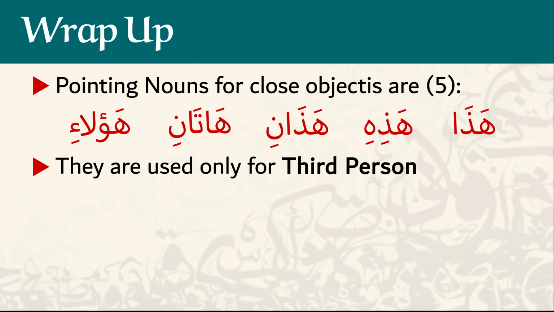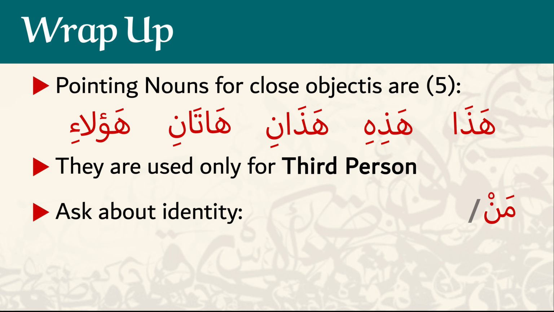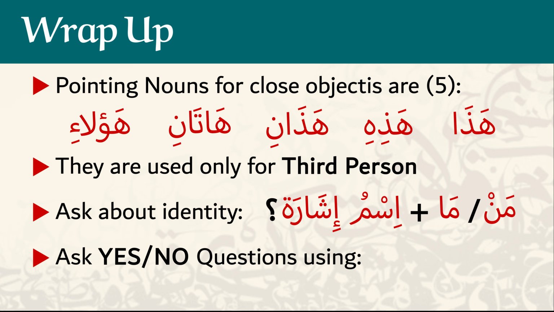We introduced 2 common applications using أسماء الإشارة to ask about identities using this combination, من or ما plus the pointing noun. And the second one, to ask yes or no questions about identities using هل or a. And we also explained how to answer with affirmation and how to answer with negation by using the verb ليس.